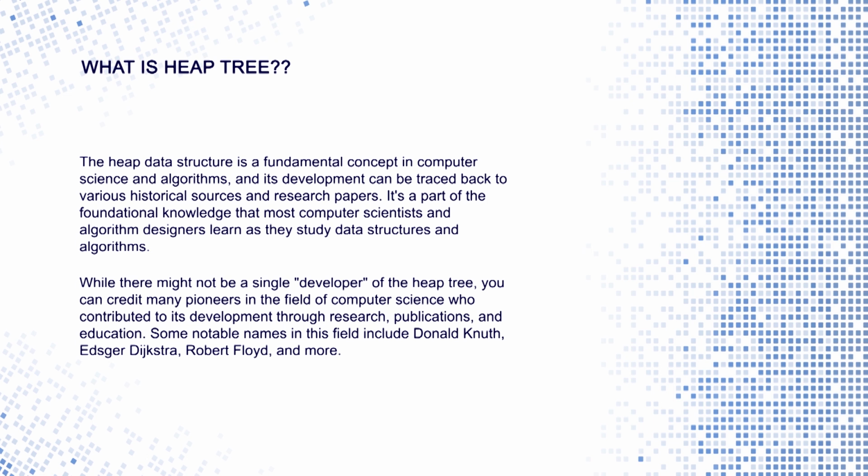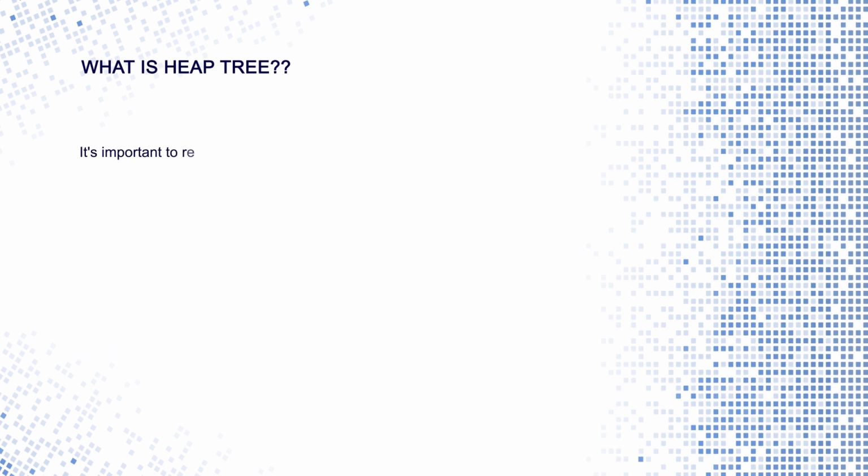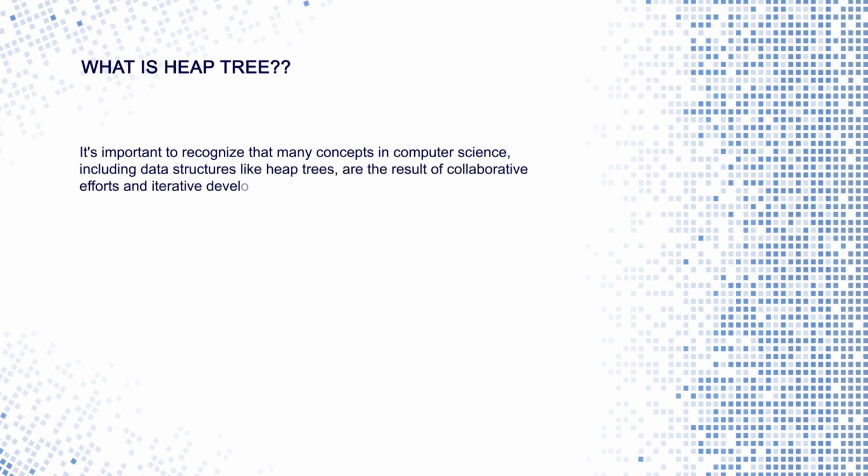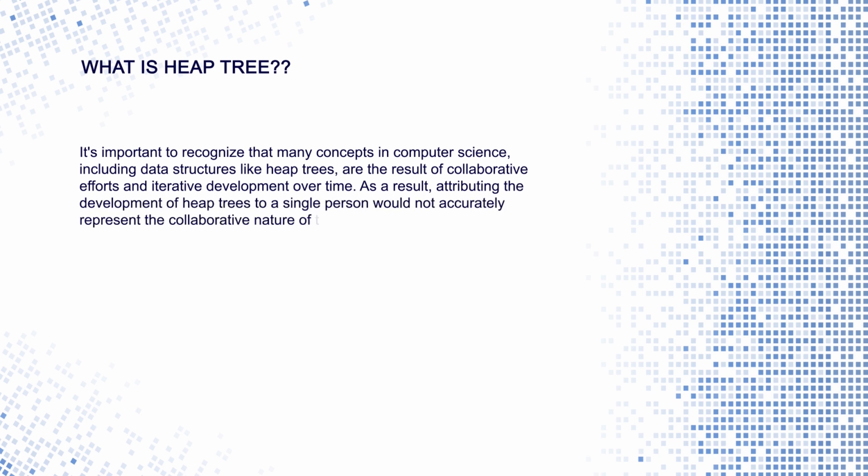Some notable names in this field of binary heap tree are Donald Knuth, Edgar Dijkstra, Robert Floyd and many more. It is important to recognize that many concepts in computer science, including data structures like heap tree, are the result of collaborative efforts and iterative developments over time. As a result, attributing the development of heap tree to a single person would not accurately represent the collaborative nature of the field.